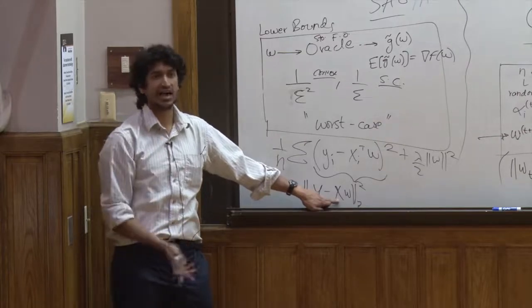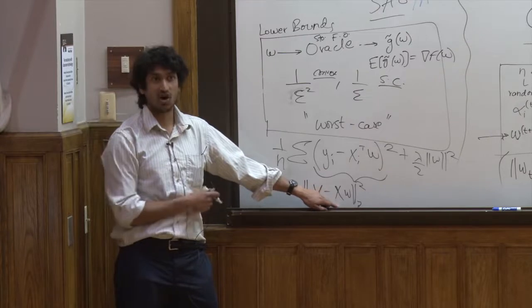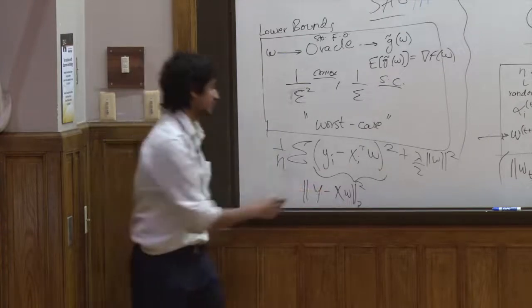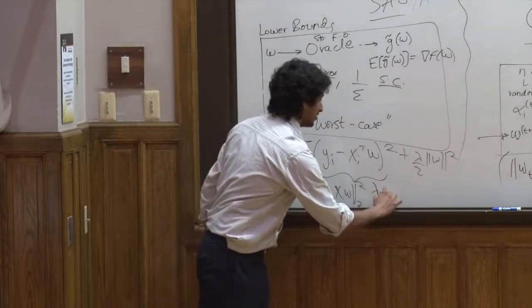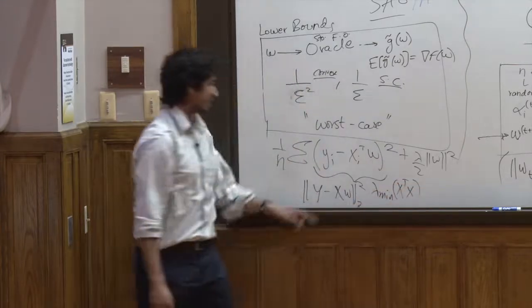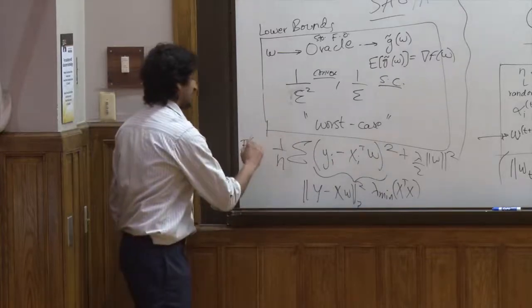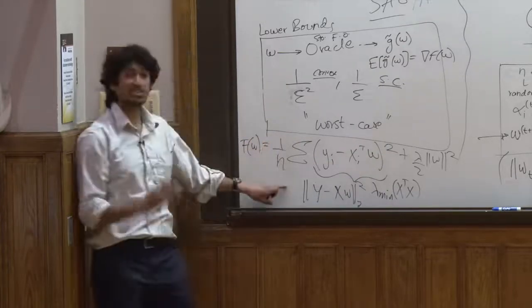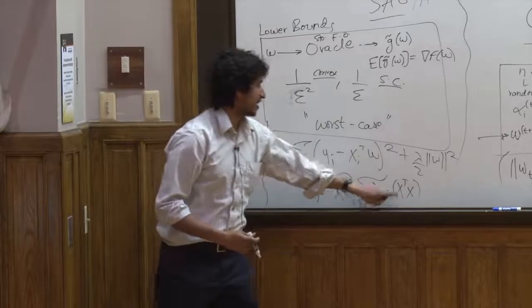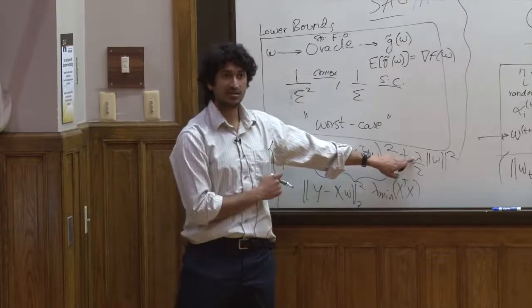And when n is really large, when you have a lot of data points, x is full rank, and this is strongly convex with a parameter which is the minimum eigenvalue of X transpose X. So basically what I'm saying is that capital F of W has a strong convexity which is some lambda min of X transpose X plus this regularizer.